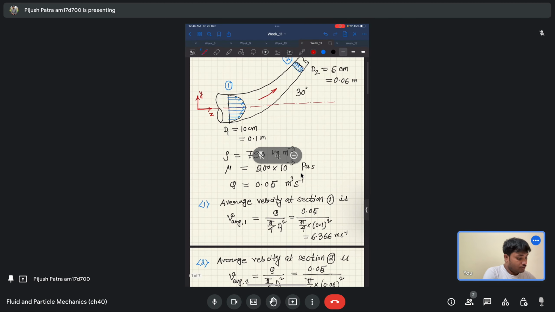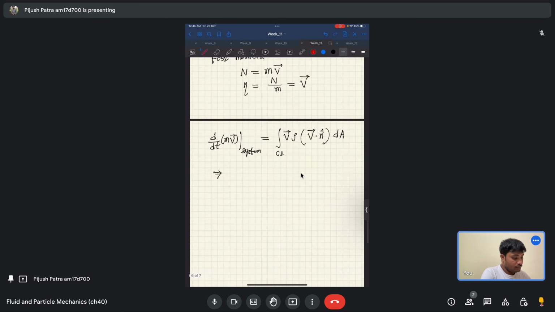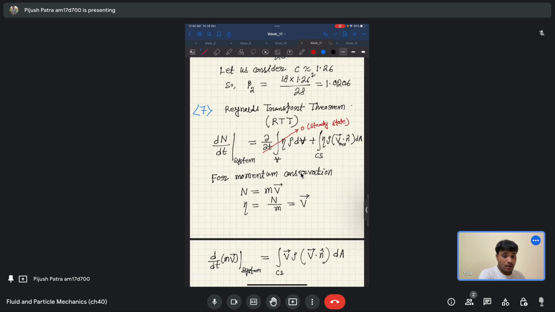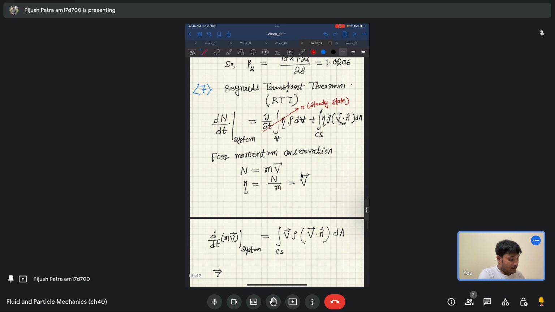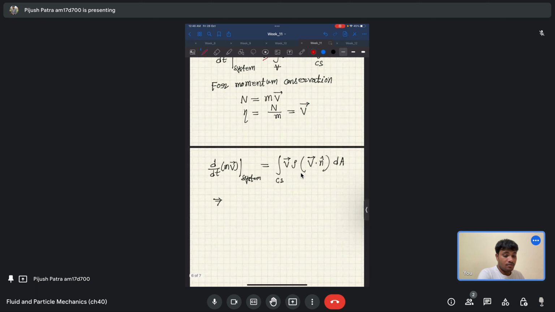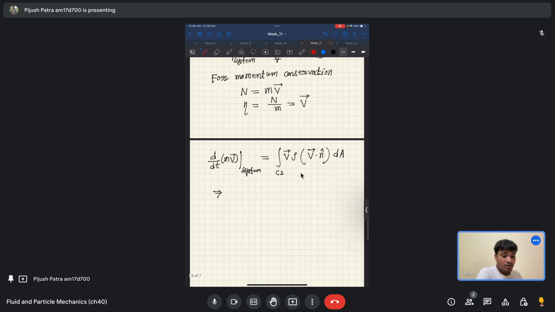This is how the Reynolds transport theorem is, and for the steady case with stationary and non-deformable control volumes, I can write it as this. So the rate of change of momentum is equal to the force acting on the system.